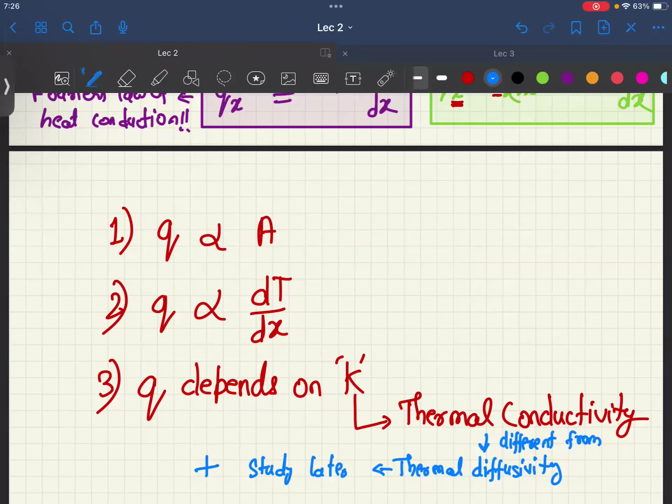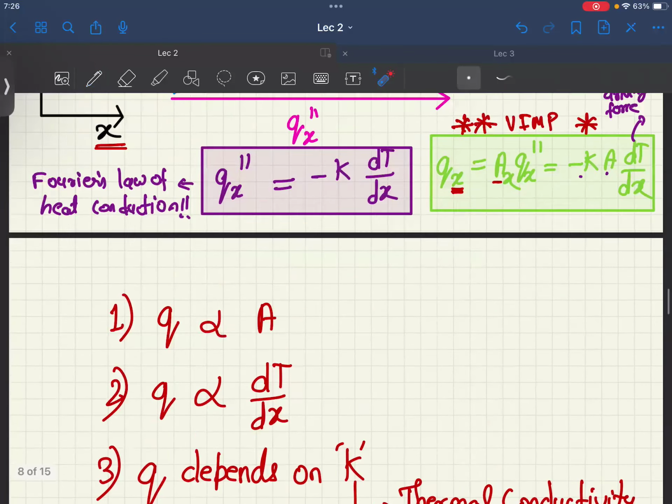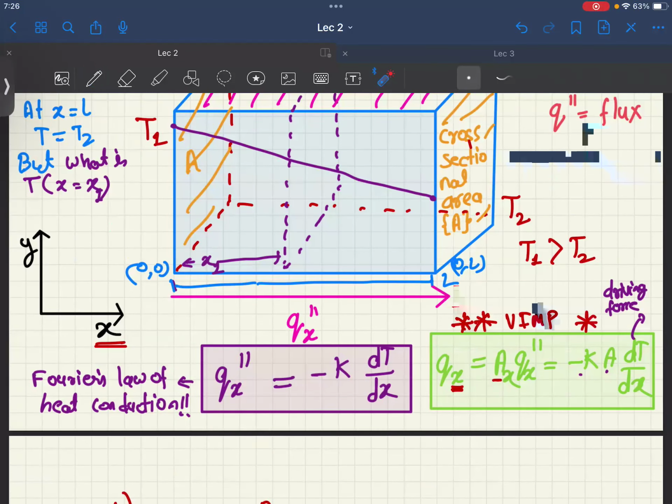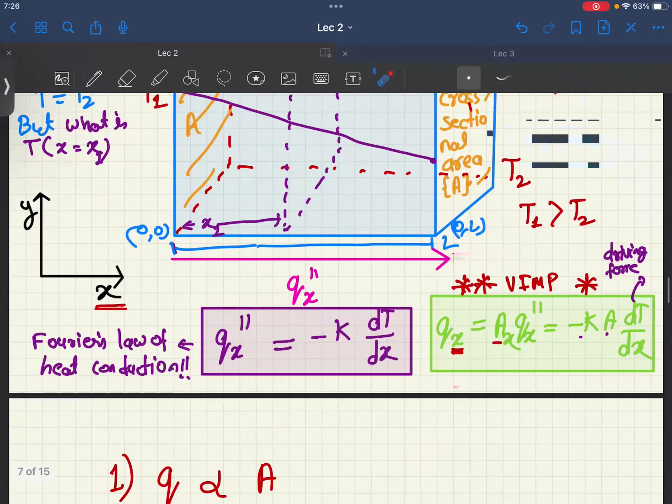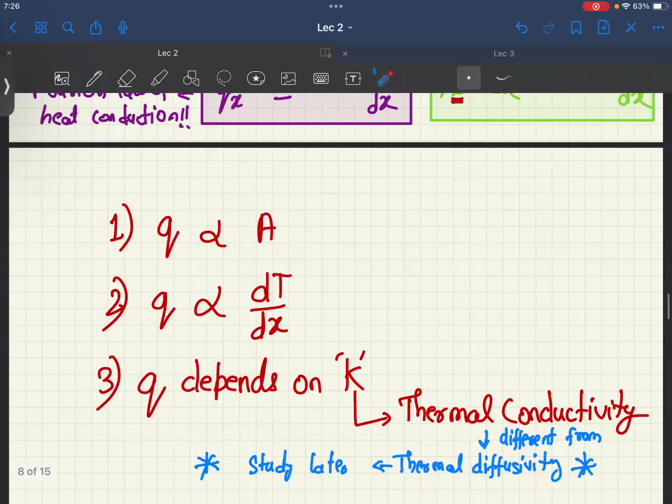Yeah, this is also very important to remember that thermal conductivity is very different from thermal diffusivity, right? Now note that this thermal conductivity is going to be the property of the material. As soon as I say this slab is made up of, let's say, gold or silver, that thermal conductivity gets fixed, and all the other parameters can change.